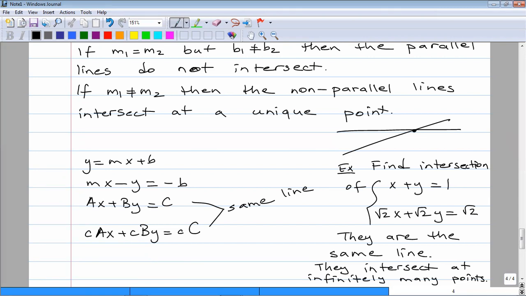So this is basically taking an equation and multiplying it with some constant. So in which case these two lines are intersecting at the entire line, actually. Yes, so your friend says it's like taking an equation and multiplying both sides with some number. Yes, it's exactly what it is. So they intersect at every point on the line. They are the same line.